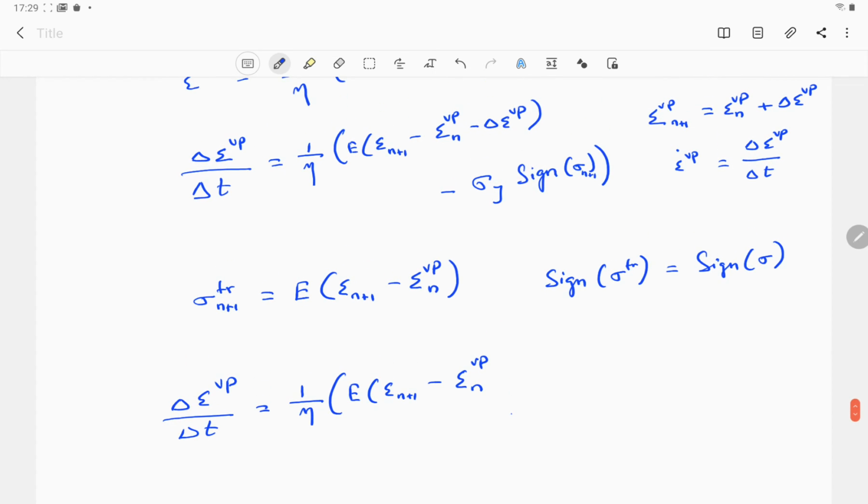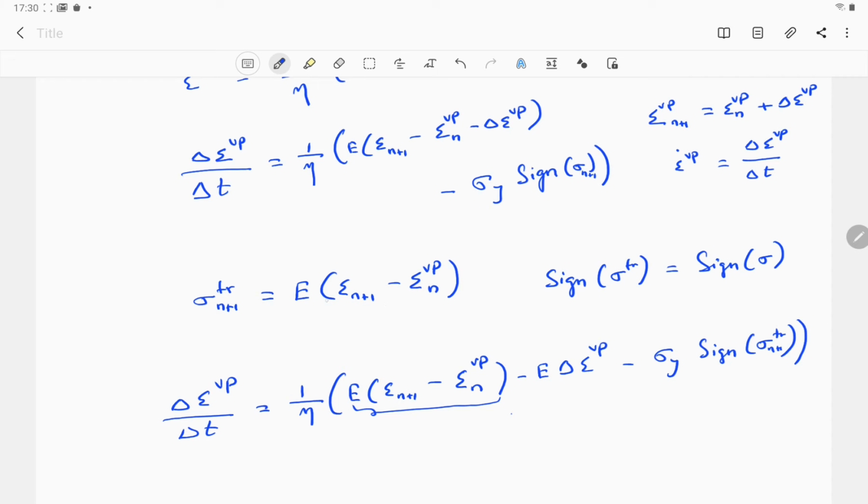Okay, so this is what I'm writing, but what I am going to do is put the bracket, and then I'll rewrite minus E into delta epsilon Vp. I'm going to write like this, and minus sigma y into sine of sigma trial n plus 1. And what is this term?